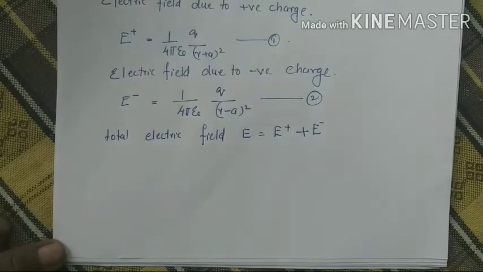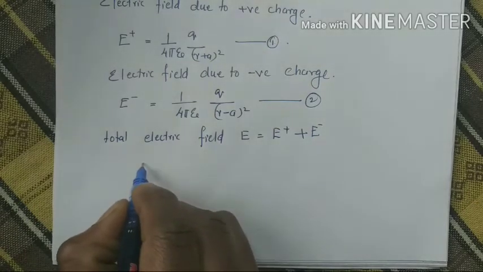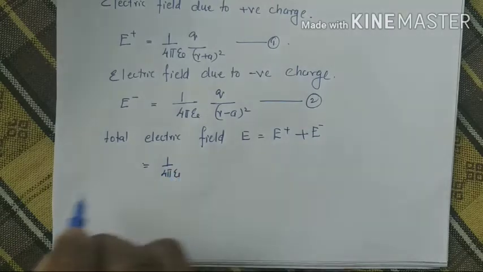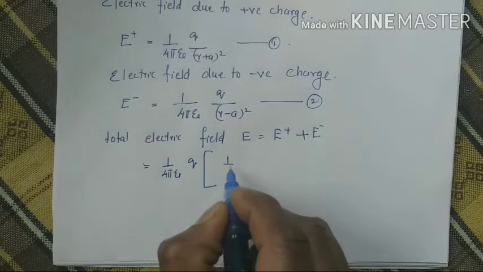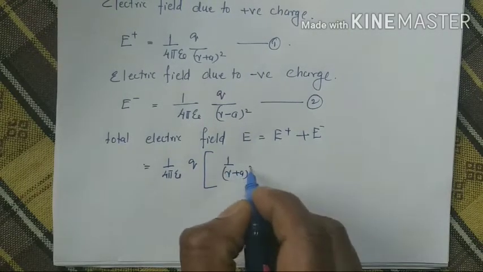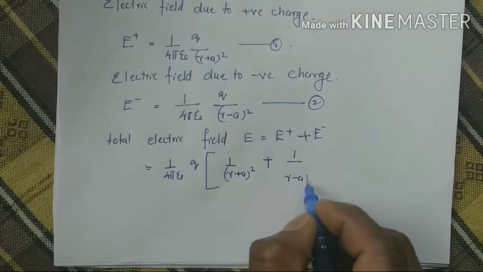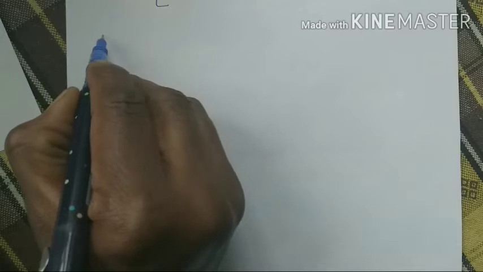So I can write these two equations 1 and 2 combined together. So E is equal to 1 by 4 pi epsilon 0. You can take all these common also. Q is also common to both equations. 1 by (r plus a) the whole square plus 1 by (r minus a) the whole square.